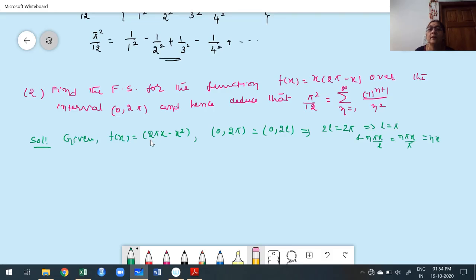Yeah. Then we have to construct the Fourier series. Now Fourier series, just don't write f.s., please write the Fourier series expansion. Fourier series for f of x. This is not a standard abbreviation. While writing in your notes, please write the expansion of Fourier series for f of x over 0, 2 pi.